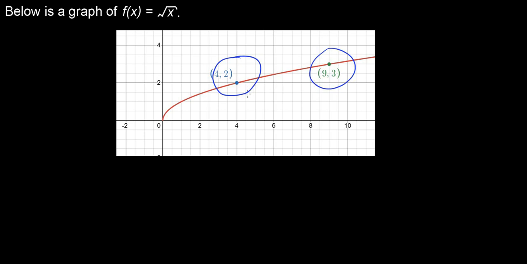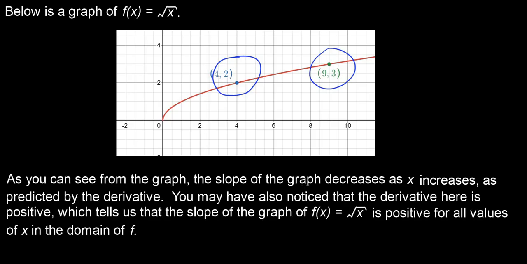And sure enough, as we predicted, the slope gets less and less because we see that the graph sort of tapers off. It's becoming more and more horizontal looking. One thing that you might also notice from the graph is that regardless of where we look, that slope should always be positive. And that's something else that the derivative tells us, right?